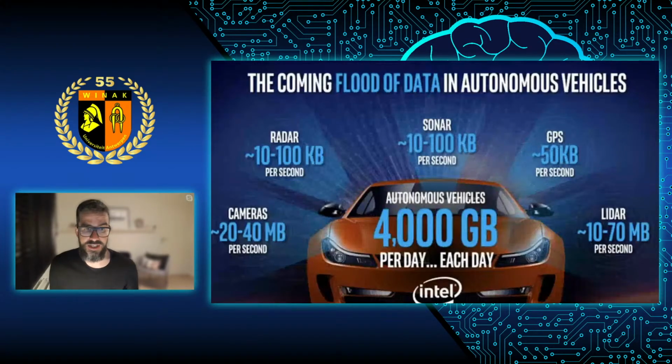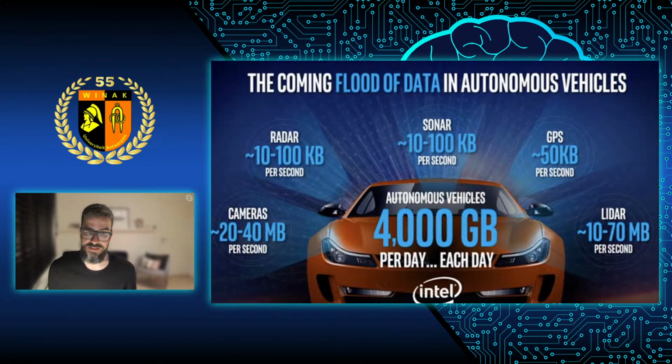But just to give you an idea, if you would do that, for example, for an autonomous car, if you look at what type of data a self-driving car would generate if you would push everything to the cloud, well, on that self-driving car, there are things like cameras, radar, sonar, GPS, LiDAR, which all produce streams of data in the order of megabytes to kilobytes per second.